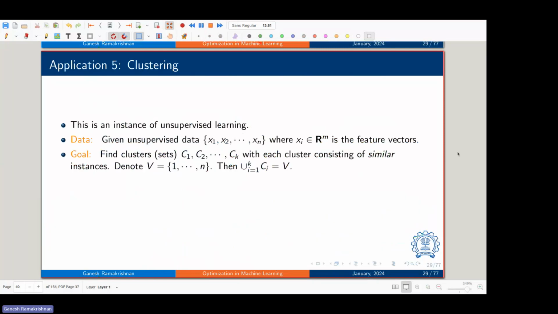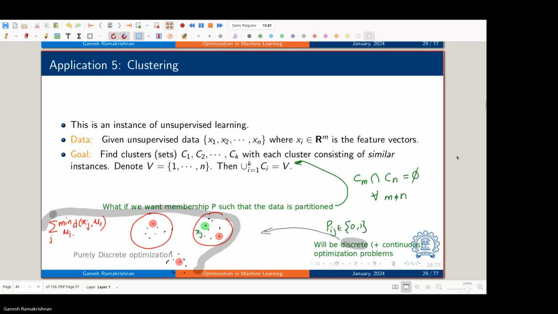So the goal is basically to find these clusters, each consisting of similar instances, such that each of the points is assigned to, in case 1, exactly one cluster, and in case 2, assigned to multiple clusters with its membership summing to 1. So if you want membership as a data partition, you would go for option 1. In option 1, hard K means, you partition the data. That's what we are showing here.